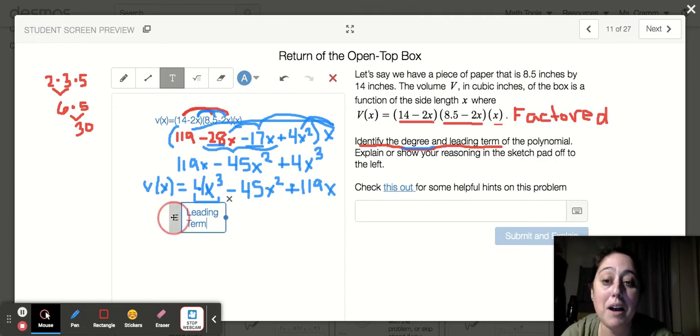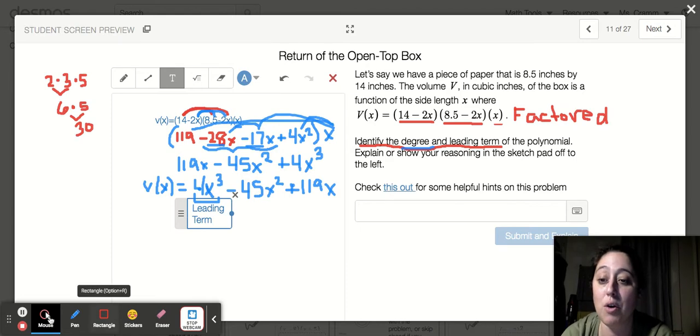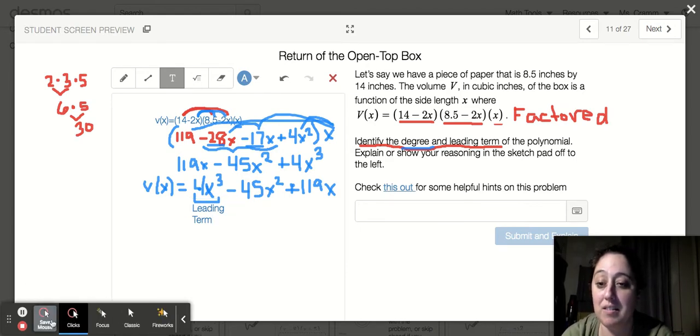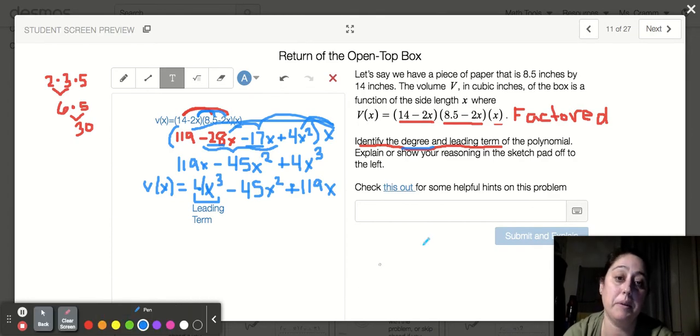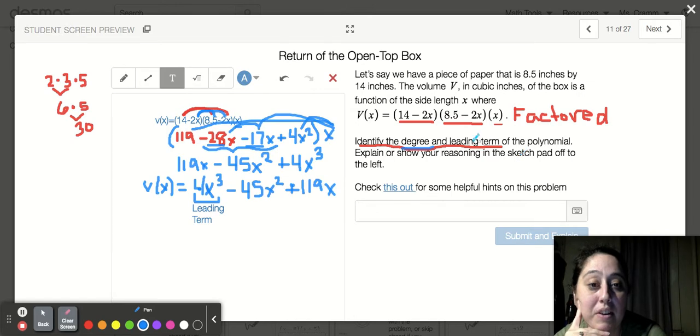Okay, so I'll put it right underneath this 4x to the third, the whole thing. There we go. All right, so explain or show your reasoning. I think we've done everything. We found the leading term. We found the degree. We're good to go.